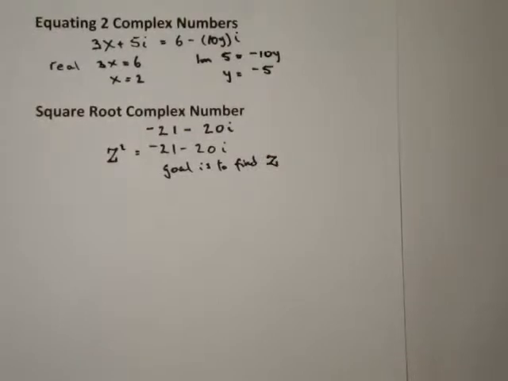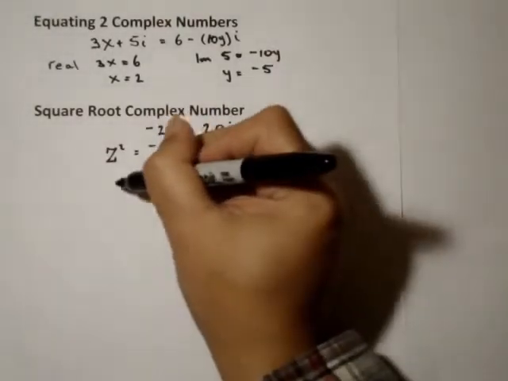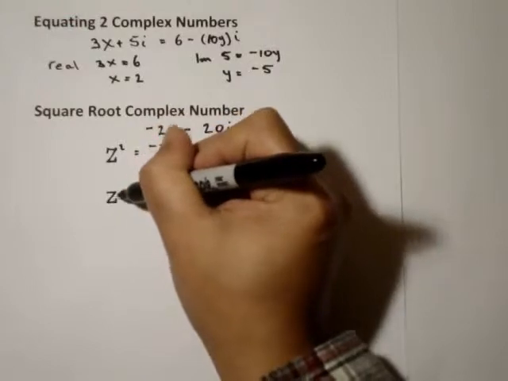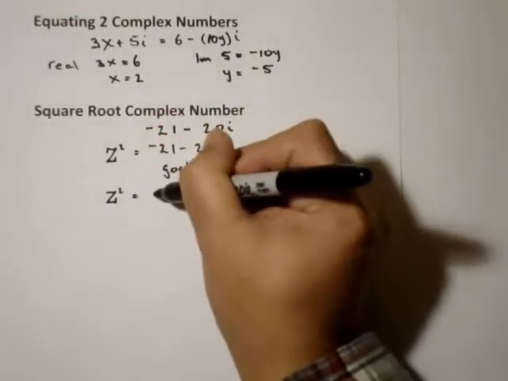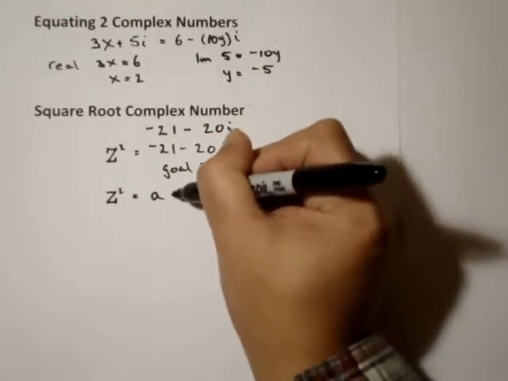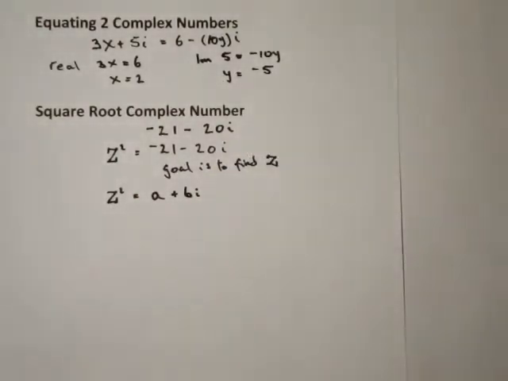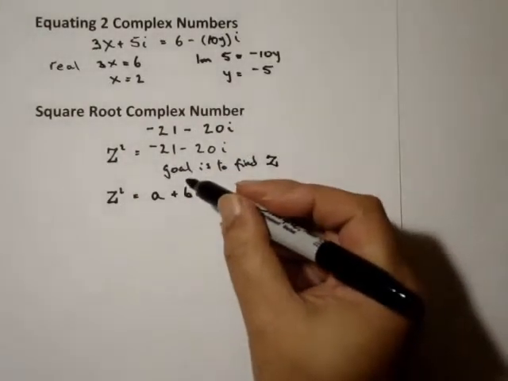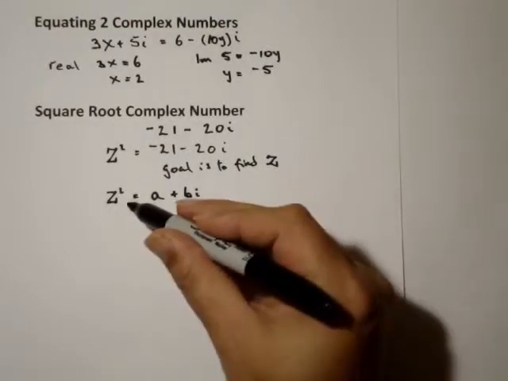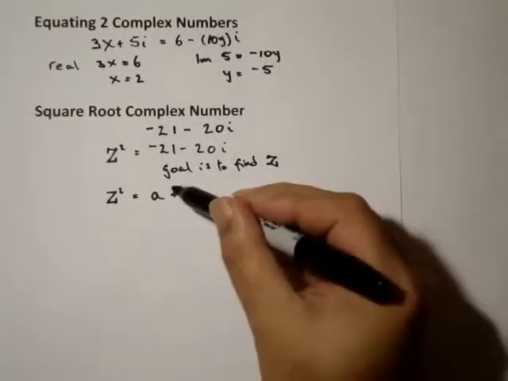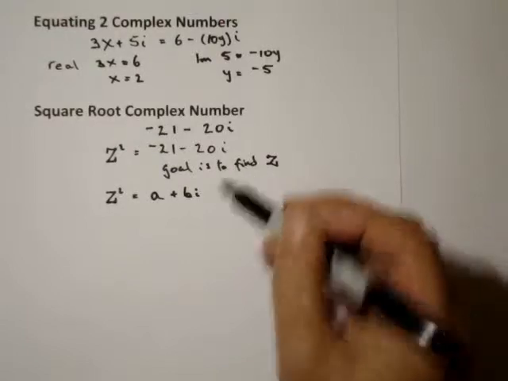First of all, we have to know that our z squared is our complex number, so if we have our z, which we want to find, it would be a plus bi, squared.